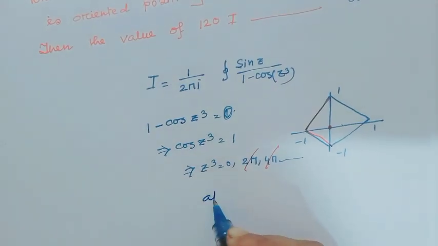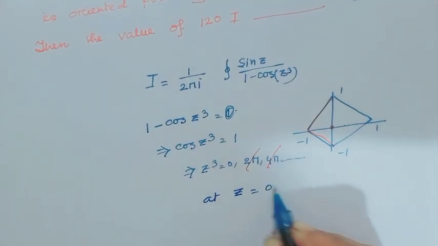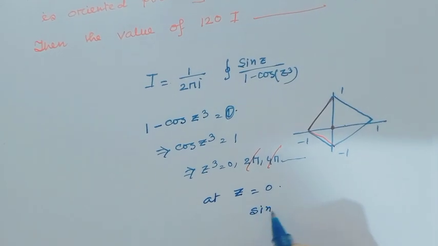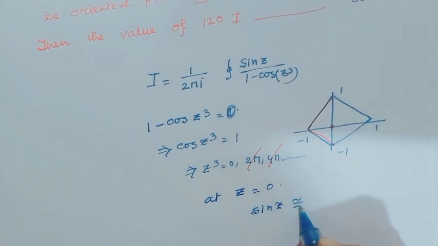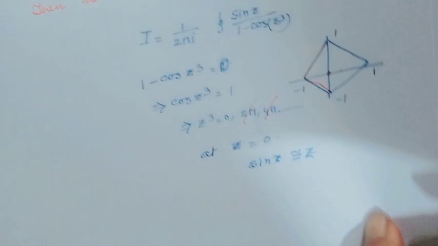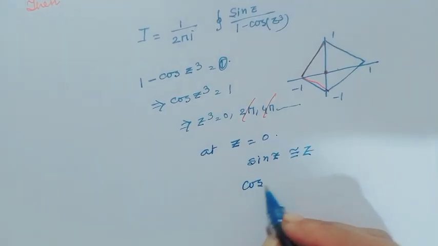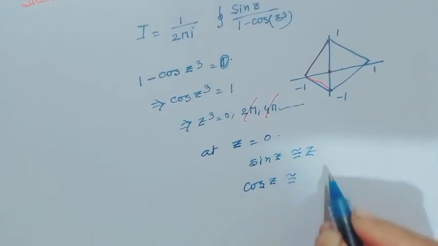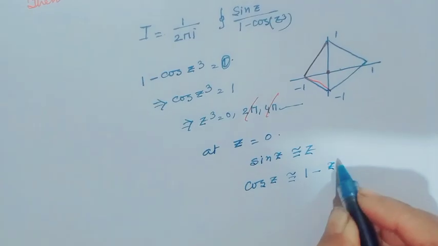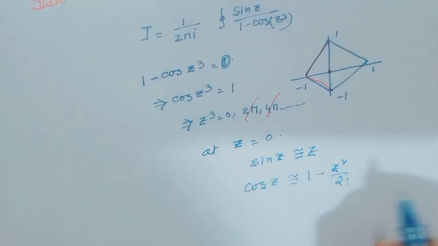And all of us know that at z equal to 0, sin z is equivalent to z and cos z is equivalent to 1 minus z squared over 2 factorial.